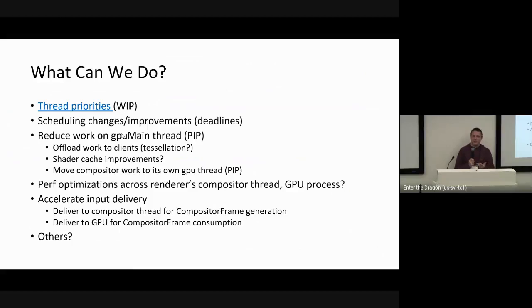Are there changes we can make in the shader caching to help reduce the chance of having those long shader compilations? Those things can take tens, sometimes even in the low hundreds of milliseconds to complete. And then kind of a bigger idea: would it make sense to have the compositor itself have its own GPU thread so that it's never blocked behind content rasterization?